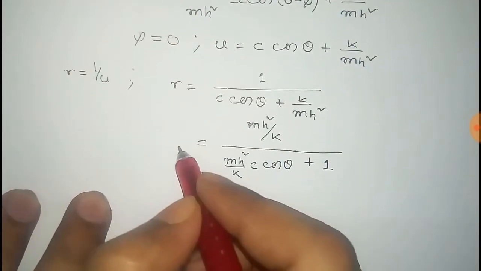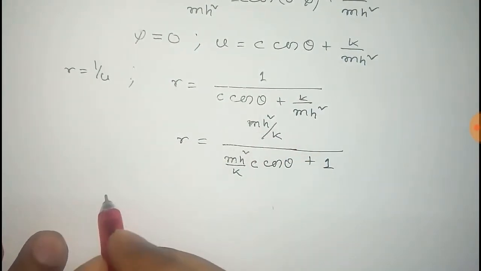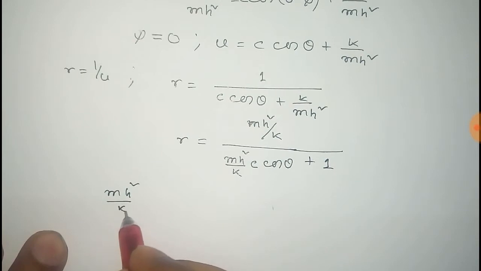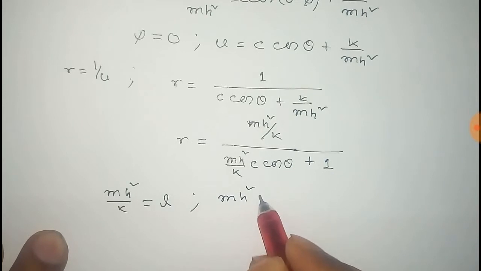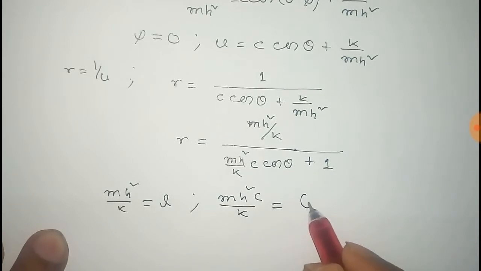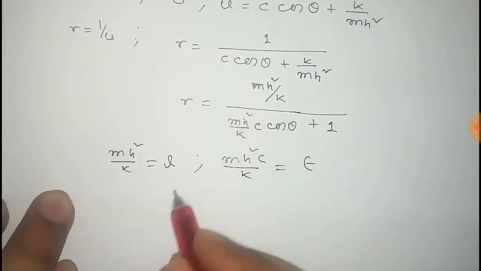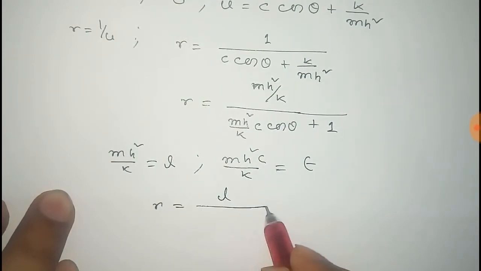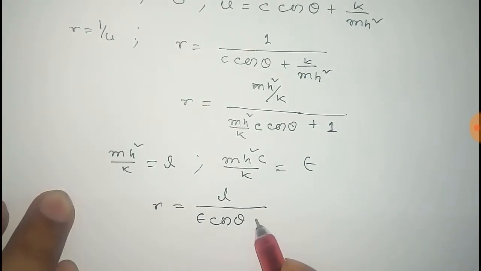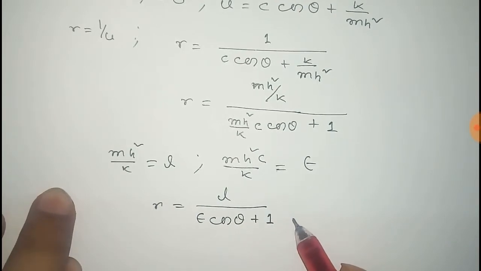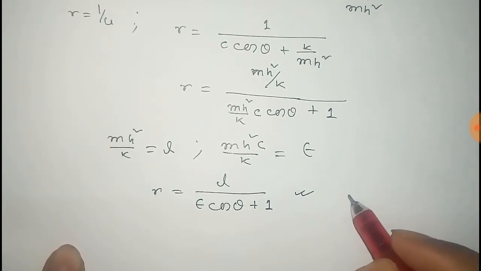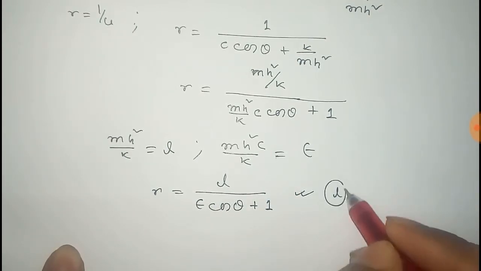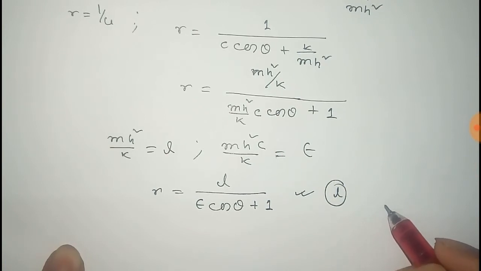Now we take this m h square by k term as L and this m h square by k into c term as epsilon. So this equation becomes r equals L by epsilon cos theta plus 1, and this is the equation of a conic section where L is the semilatus rectum and epsilon is the eccentricity of the orbit.